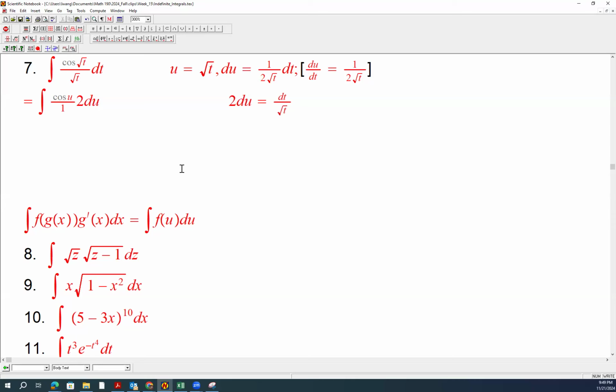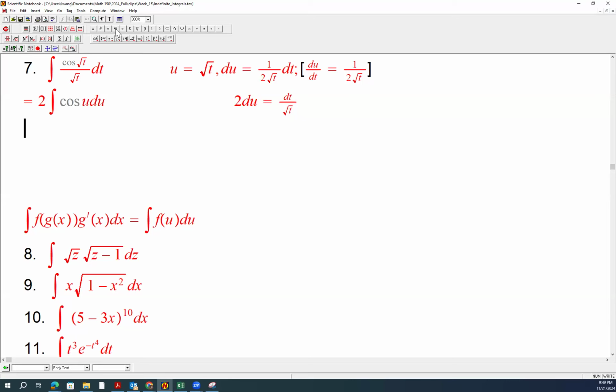The key in showing work is that I like to emphasize that you want to show your work either entirely in one variable, always, entirely in one variable. And here we can bring out the 2 to the front, and this is a cosine u.